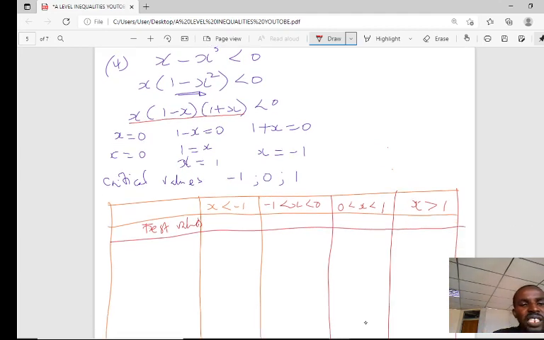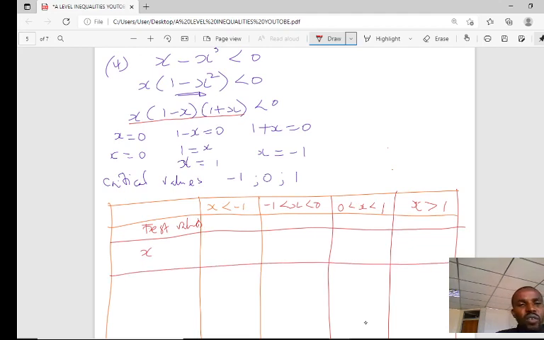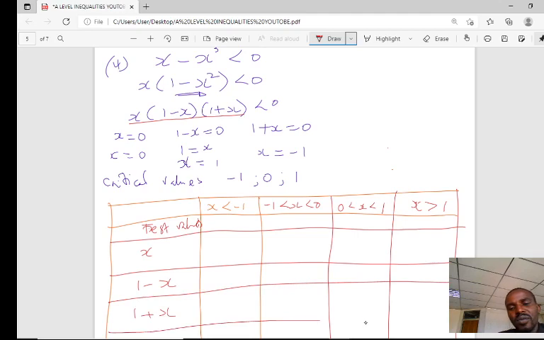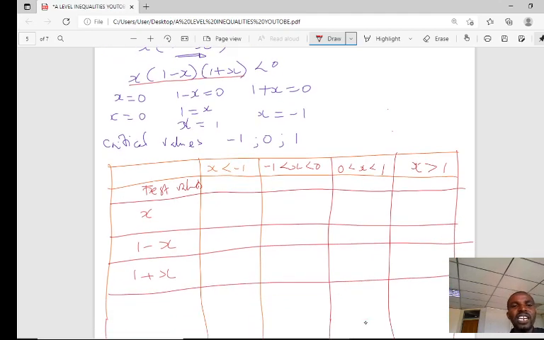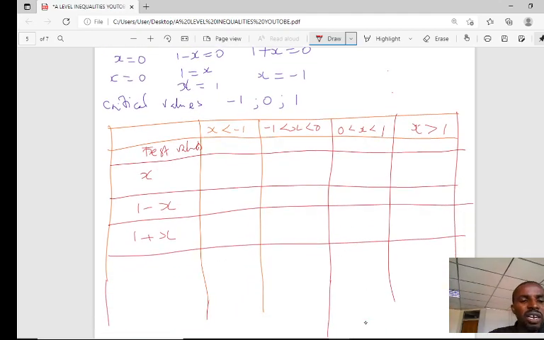Then the first factor is x, followed by 1 minus x, followed by 1 plus x, like this. And finally, you write our function here. It will be x, 1 minus x, then 1 plus x.